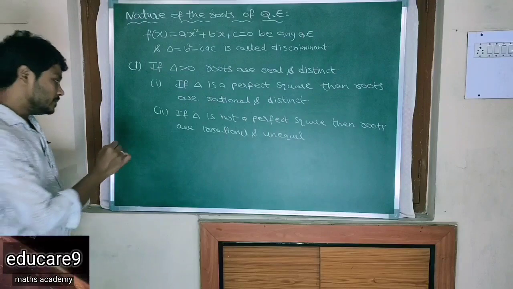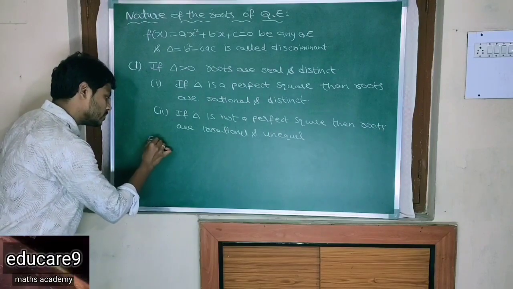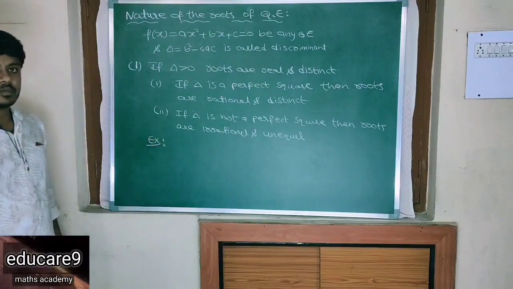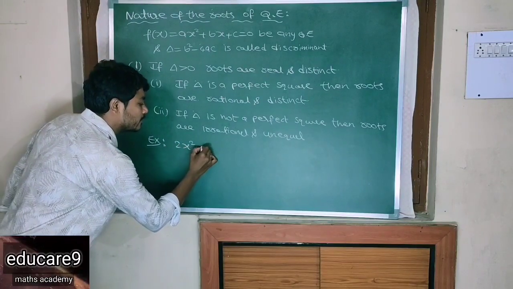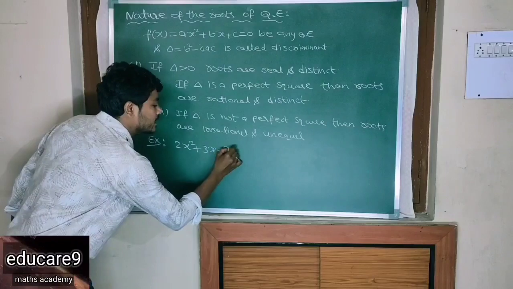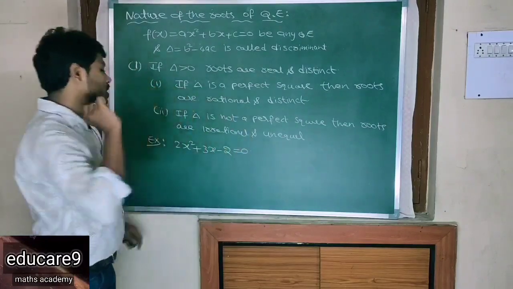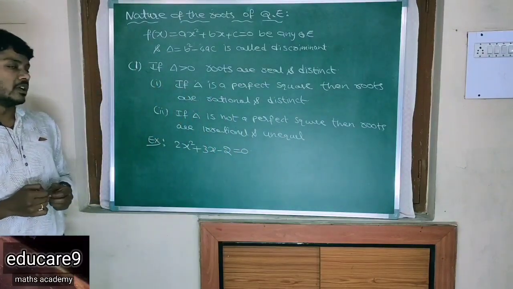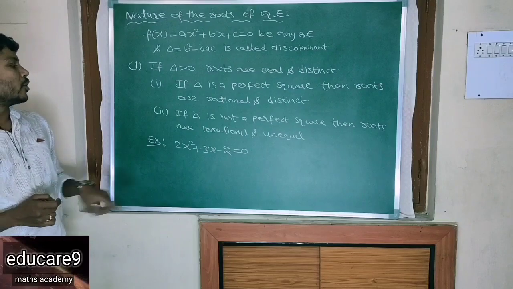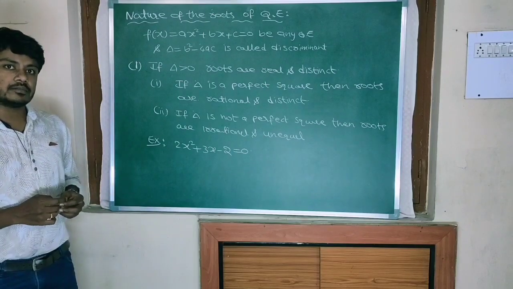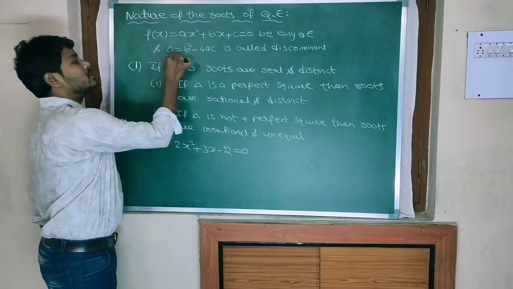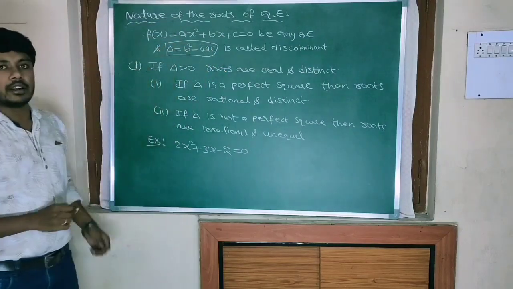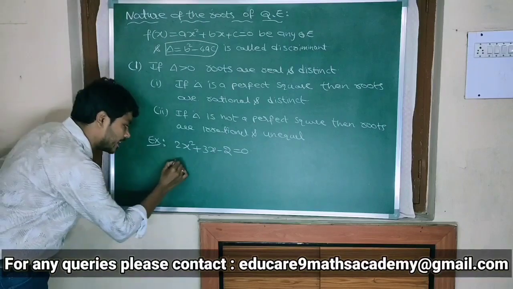So for example, 2x square plus 3x minus 2 is equal to 0. This is any quadratic equation, and we want to find the nature of the roots. So the nature of the roots depends on delta, that is the discriminant. Now find delta here.